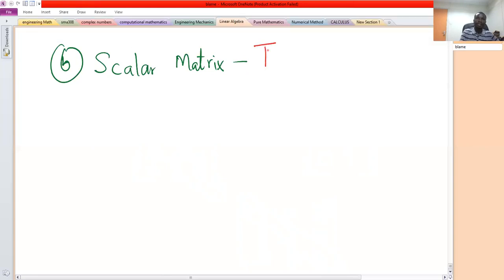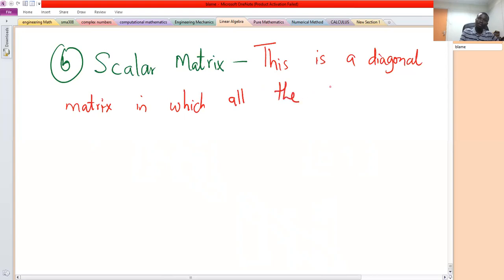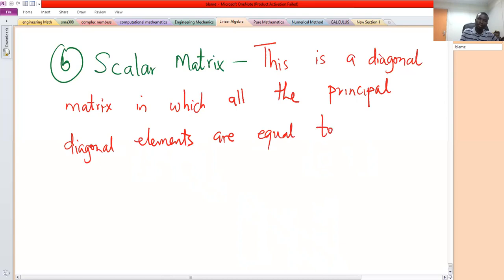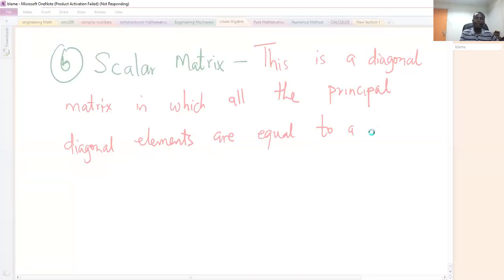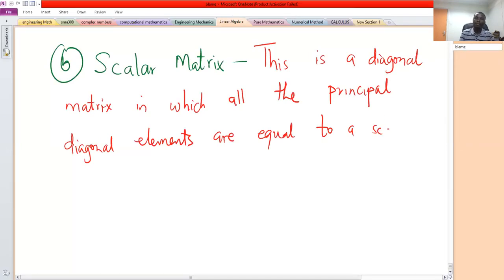This is a diagonal matrix in which all the principal diagonal elements are equal to a scalar, say k.